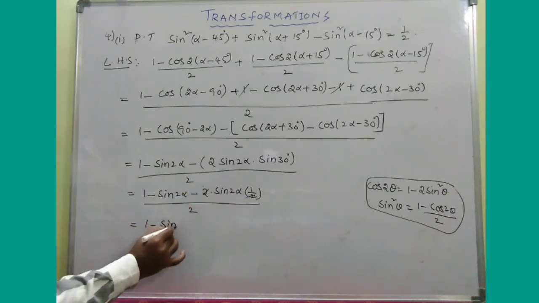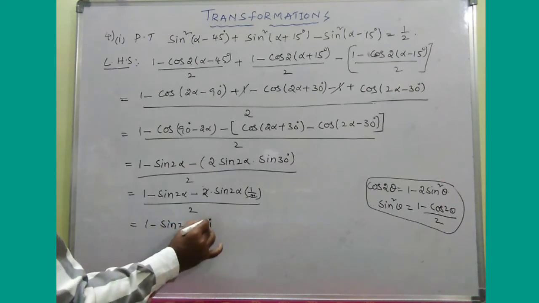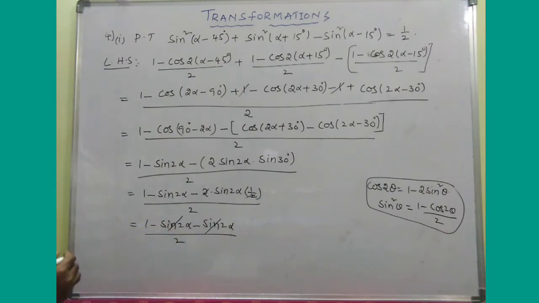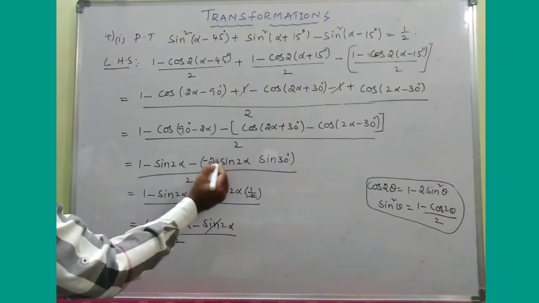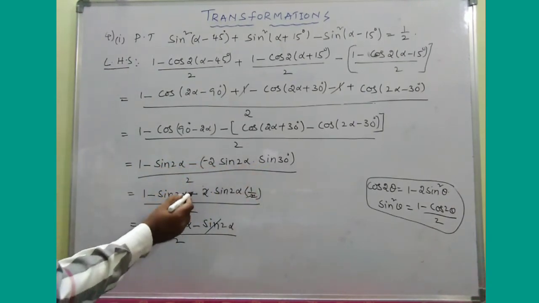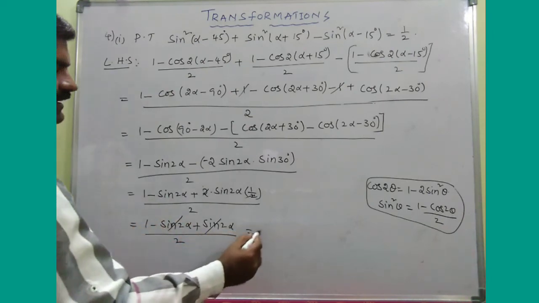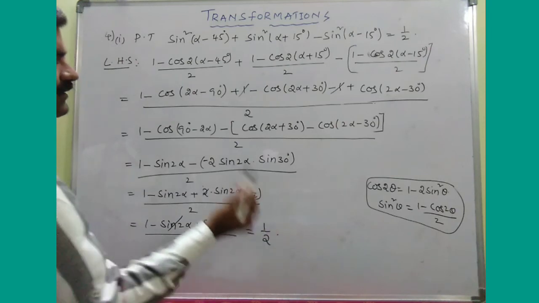What is left: 1 minus sine 2 alpha plus sine 2 alpha, whole divided by 2. Minus of minus is plus, both get cancelled, hence the answer is 1 by 2.